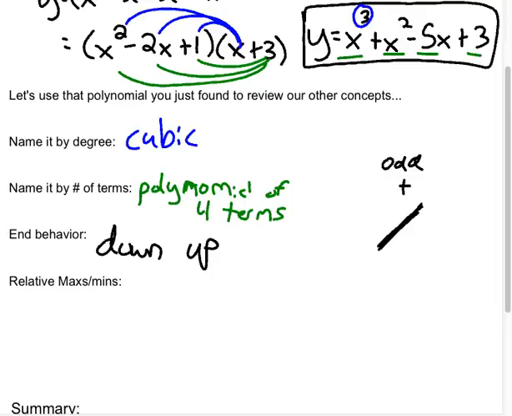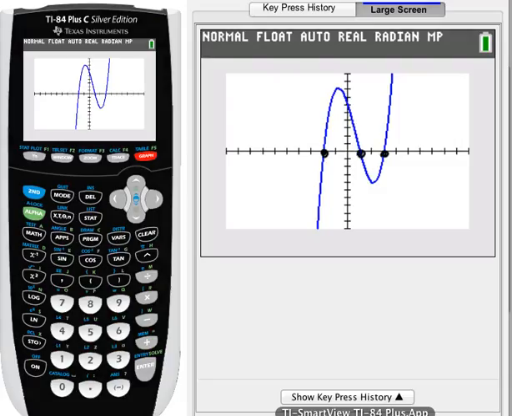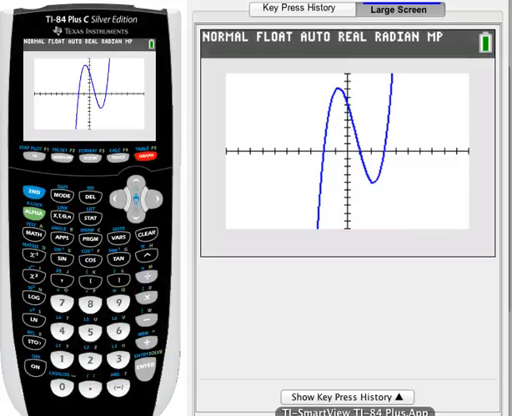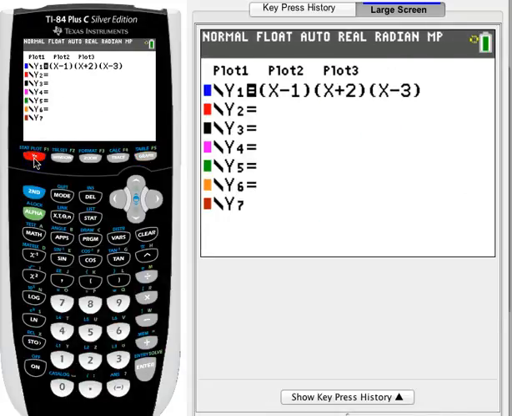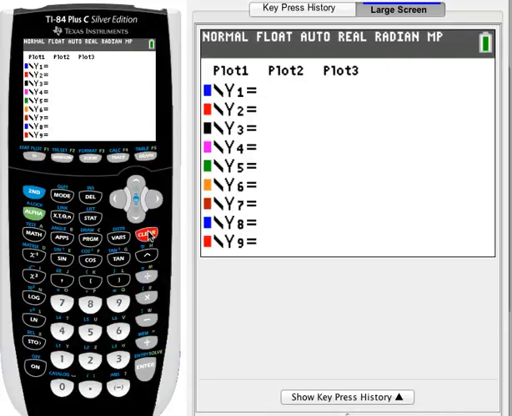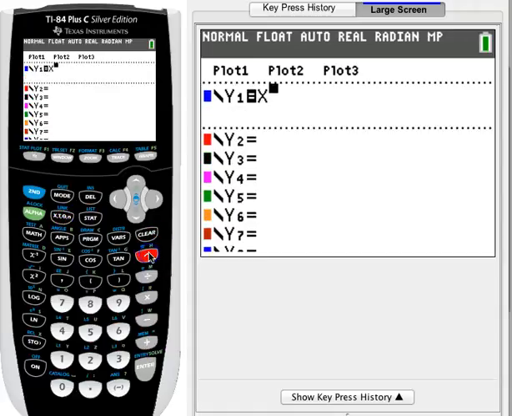Relative max and mins. So for that we're going to need our graphing calculator. Okay, so let's go to our graphing calculator. Y equals, let's type in what we have. So x to the third plus x squared minus 5x plus 3.